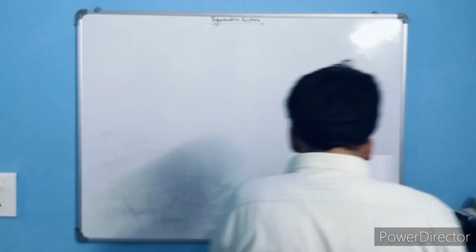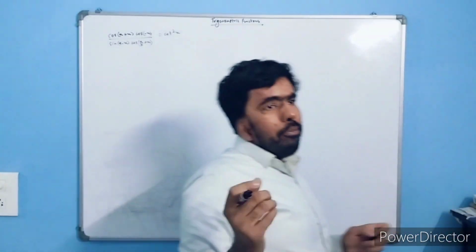The question is: cos(pi + x) cos(-x) upon sin(pi - x) cos(pi/2 + x) is equal to cot square x. Okay, now we need to see how we can solve such kind of numerical.